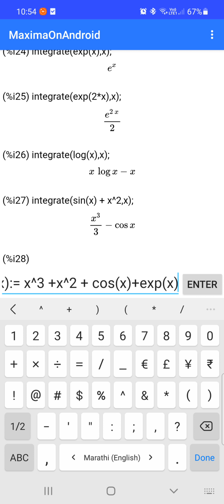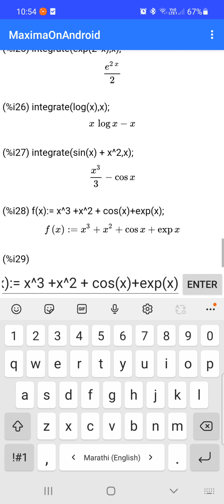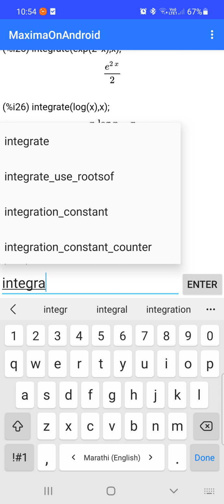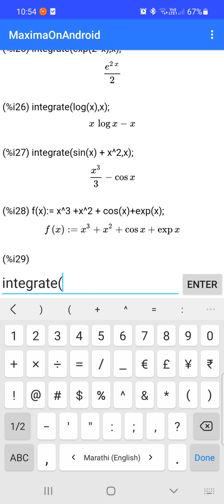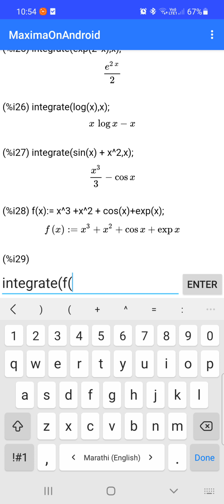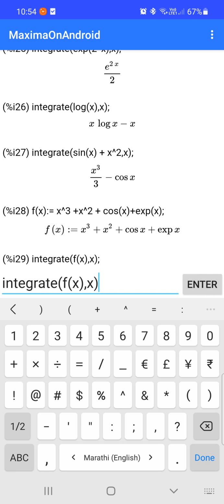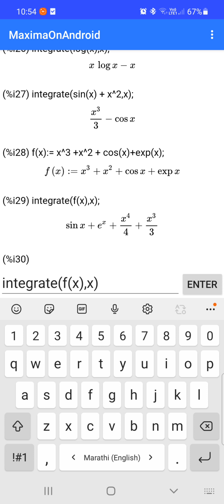So we assign the given function to f of x, and then by using the command integrate f of x with variable x, now you can see here the integration of cos x is sin x, e raised to x is e raised to x, x cube is x4 by 4, and the integration of x square is x cube by 3. You can also find a definite integration.